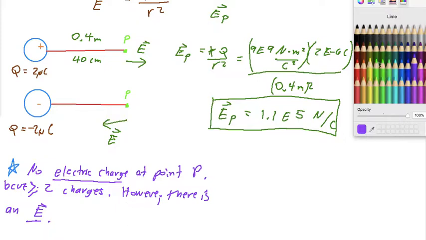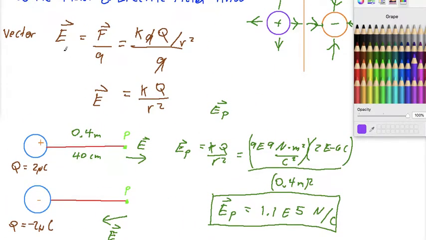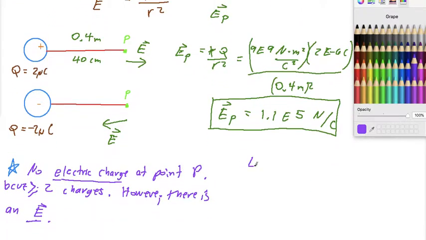Alright? So now, something really quickly that your professor will probably throw in there. Realize that from our equation here, the previous one, we said E equals F over q, right? So that means that F equals the electric field times our charge, which would end up being a force, right? Newtons per coulomb times coulombs gives you newtons.